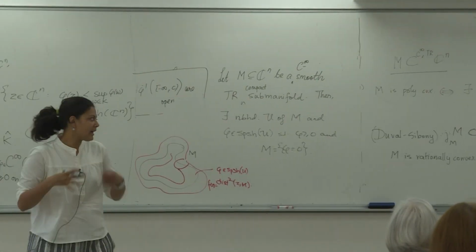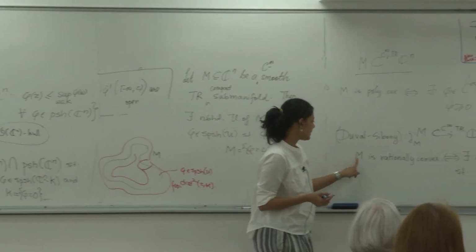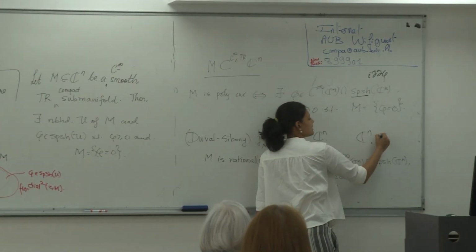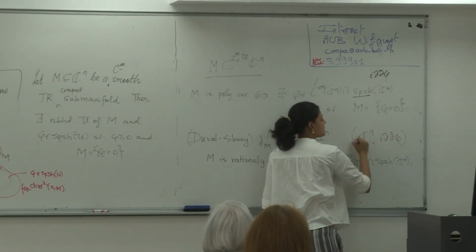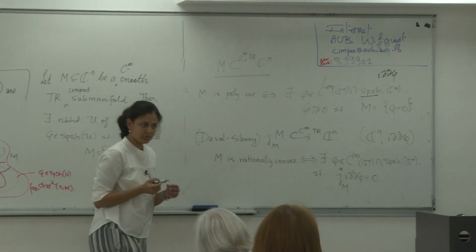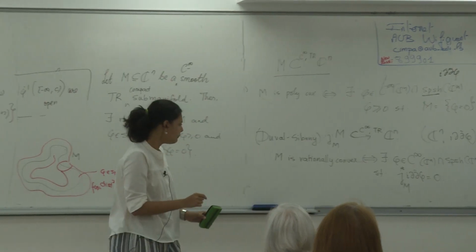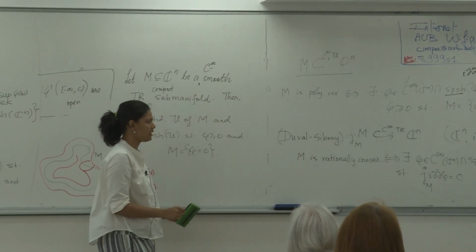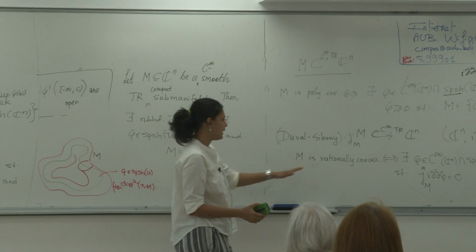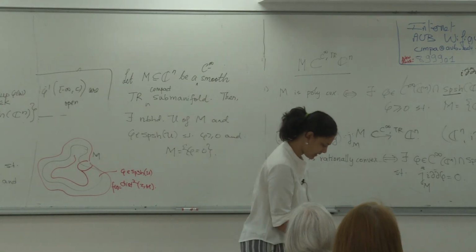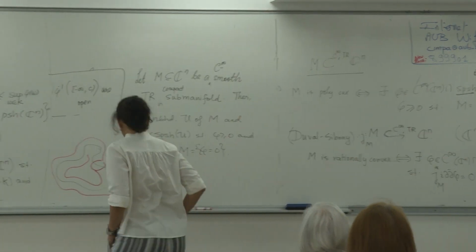In the language of symplectic geometry, that means M is a Lagrangian submanifold of this symplectic manifold. So in the totally real realm, if you want rational convexity of your manifold, then you have to be able to realize it as a Lagrangian submanifold.